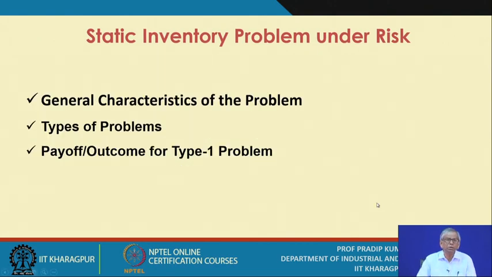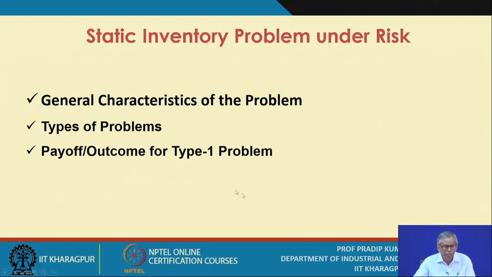So this is our plan for this week, and let us first talk about the 3 important issues one by one. First one is the general characteristics of the problem, then the types of the problem we'll discuss, and the payoff or the outcome matrix or the outcome determination for type 1 problem we'll be dealing with.